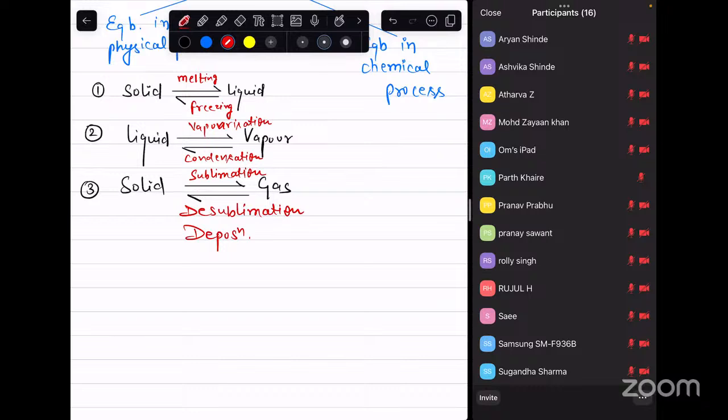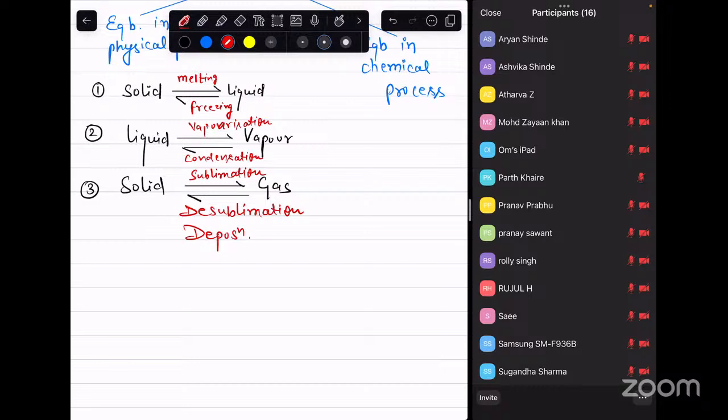But then at some instant there will be a lot of vapor concentration, due to which these vapor molecules will condense together or stick together to form a bigger drop, and then due to gravity they will fall into the liquid bag. That process is condensation. So when vaporization is happening, the level of the liquid will decrease, and if condensation is happening, the level of the liquid will increase.